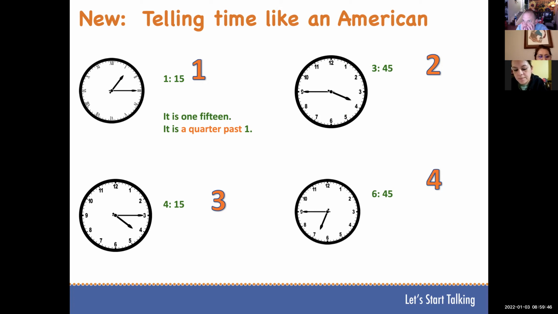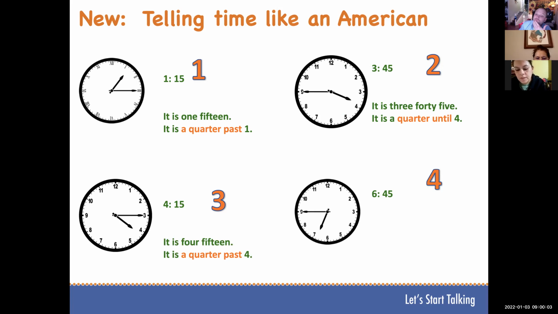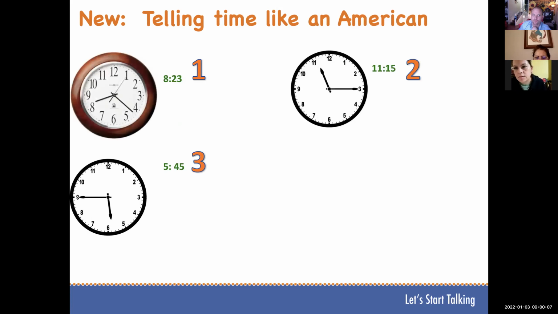Number two, what time is it? It's a quarter till 4. What time is it? It's 4:15. What time is it? It's a quarter till 7. What time is it? It's 8:23.